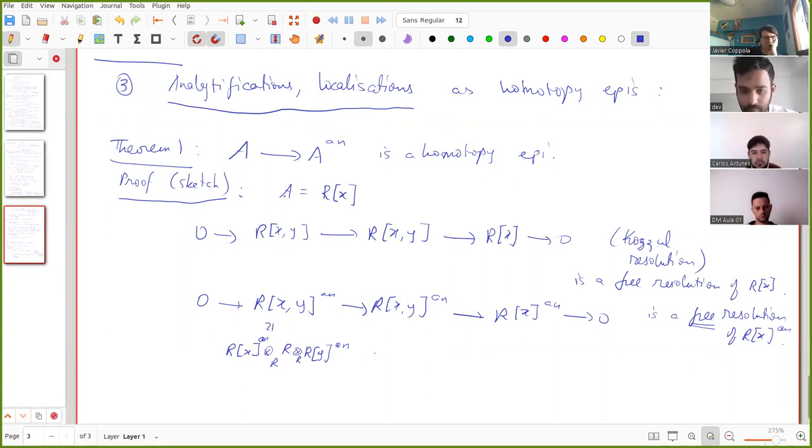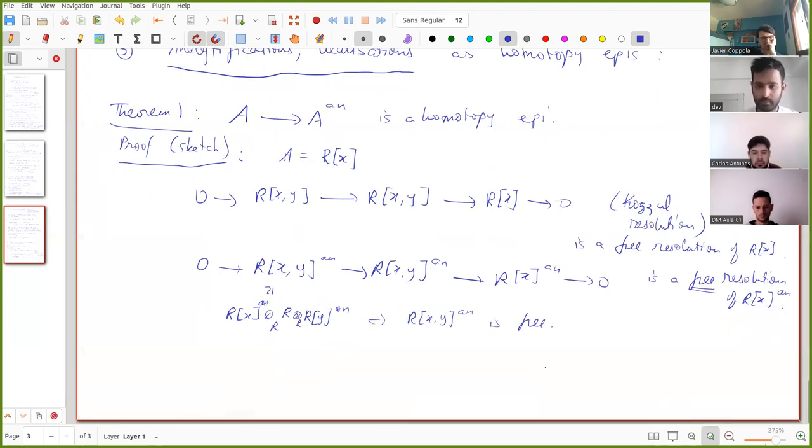So this would imply that, right, what that does is it computes a very short projective resolution of the analytification of the polynomial ring in one variable.